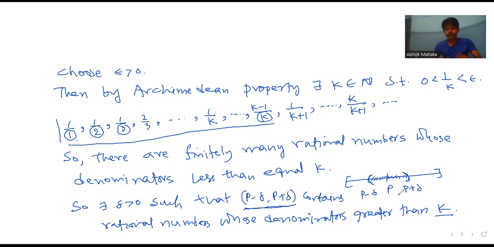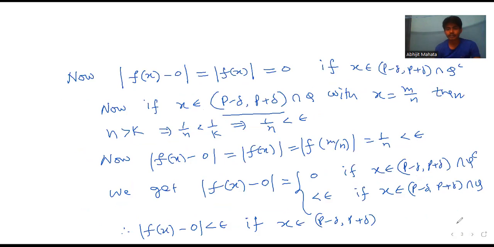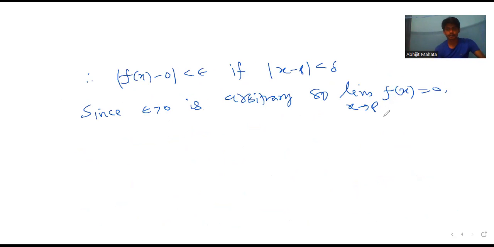So all the rational numbers lying inside the open interval (p − δ, p + δ) have denominator of course greater than k always, right? That idea I have used here, and using the epsilon-delta definition we get that the limit at every point of this function is 0. So now if you discuss the continuity, we finish the proof.